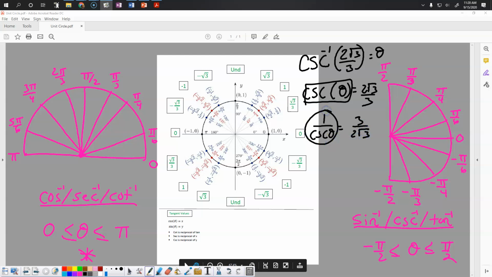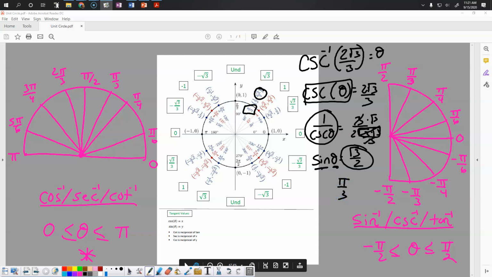We replace that with what it's equivalent to, which is sine. And here we need to rationalize. So these two things put together make 3, and that cancels with that 3. So I'm left with radical 3 over 2 if we rationalize it. So now I'm wondering what angle has a y value of radical 3 over 2. And once again, I'm restricted to the right side of the graph. So that would be the angle pi over 3.